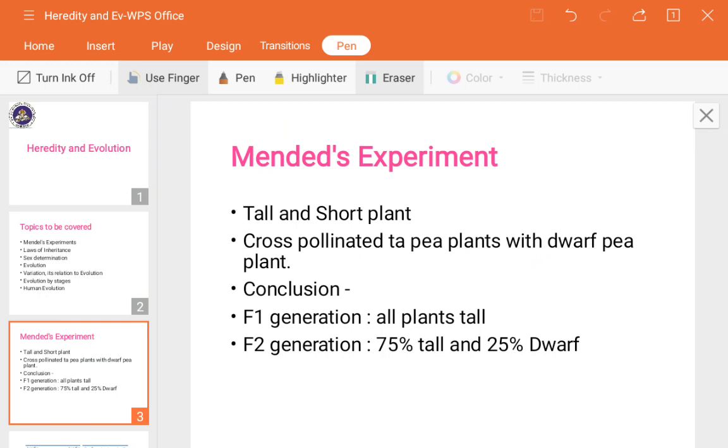Why can the parents and the offspring not look similar? They have some variation, and some similarities, but why does it happen? Those things we are going to see through his experiment.